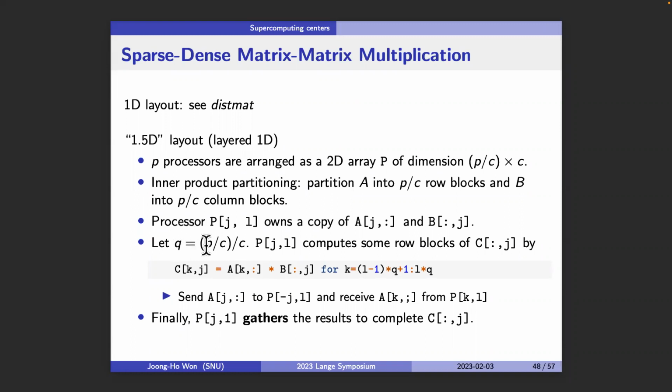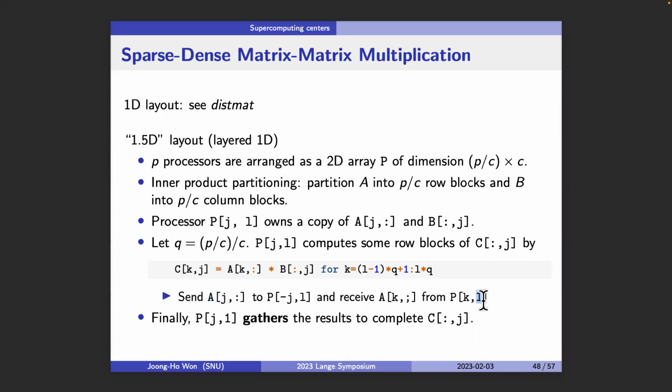And for some number Q, processor (J, L) computes some of the row blocks of this jth column block of the C matrix using this computation. Then it should send the jth row block that it owns to other processors in the same layer and receive the other chunks from the processors of the same layer.